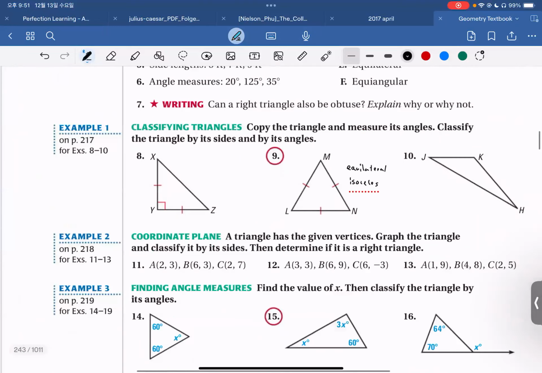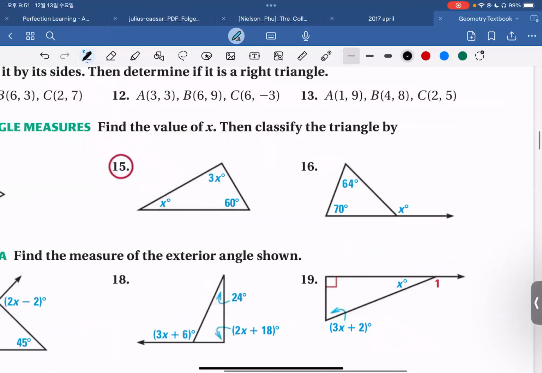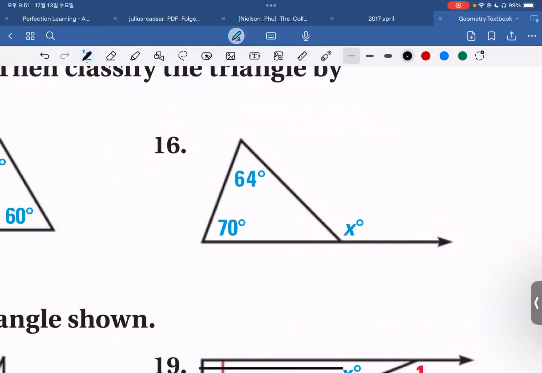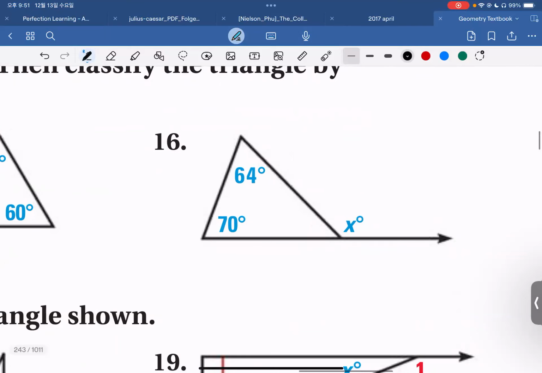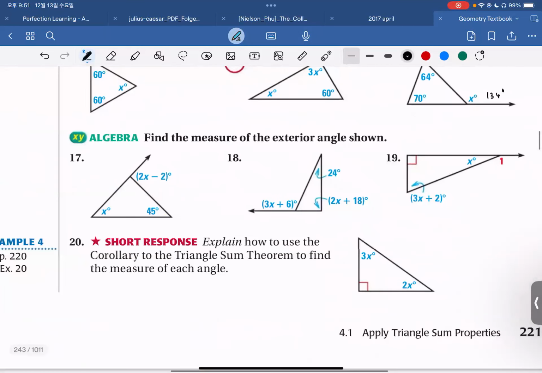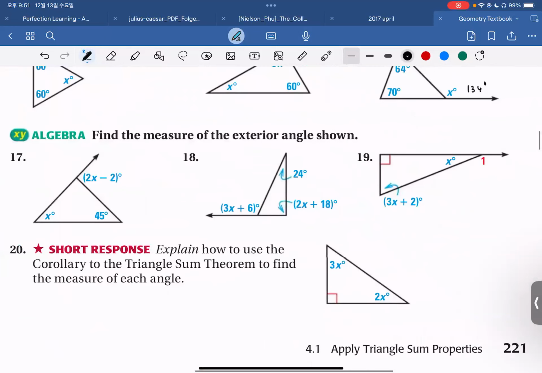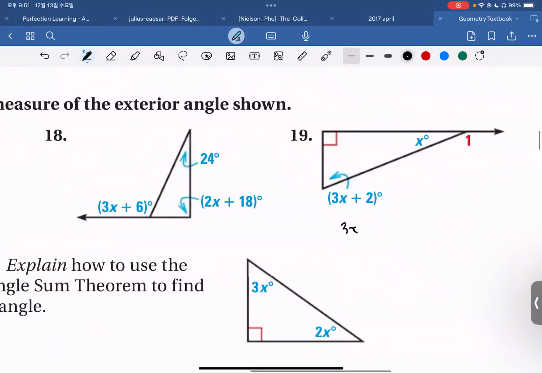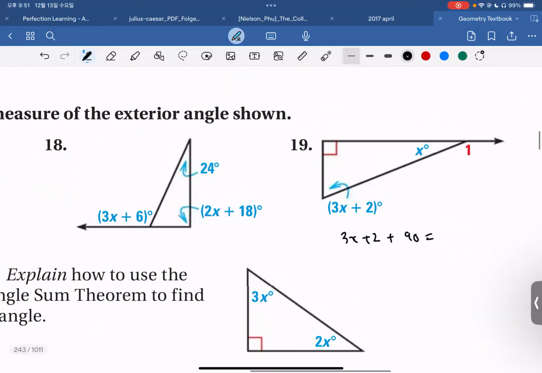If you look at 16, for example, by the exterior angle theorem, 64 plus 70 would be equal to angle x. In this case, that would be 134 degrees. And if you're trying to find exterior angles, it would also work the same way. In this case, 3x plus 2 plus 90 is equal to x plus 90.